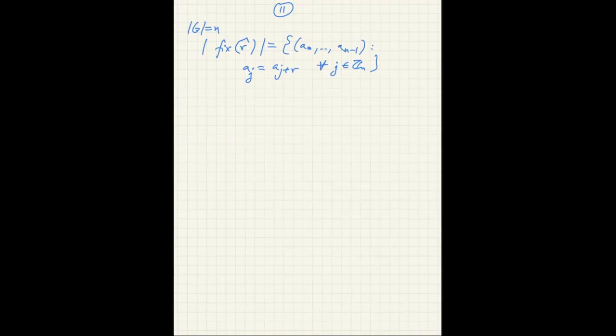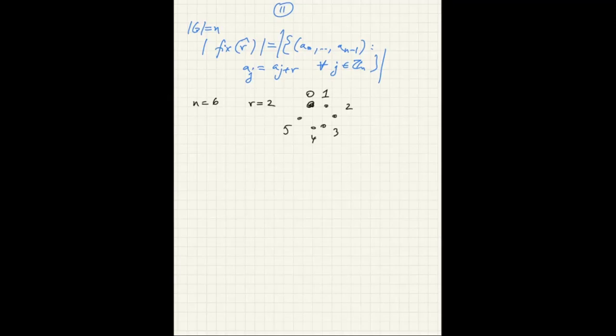And so how can we calculate this cardinality? So if we had the example when n equals 6, and let's say r equals 2, we basically have positions 0, 1, 2, 3, 4, 5. And what do we have?